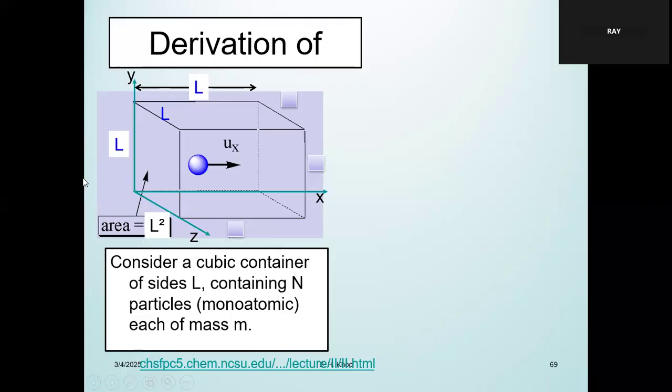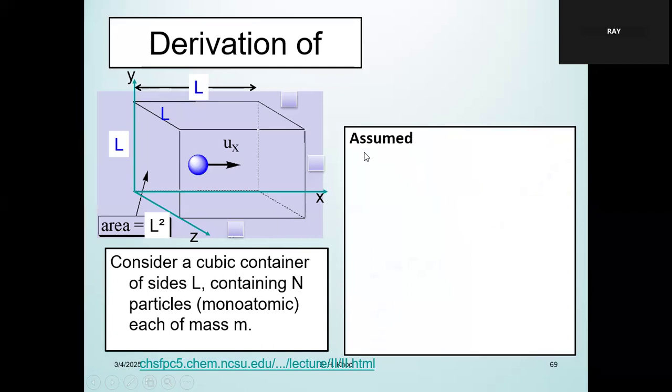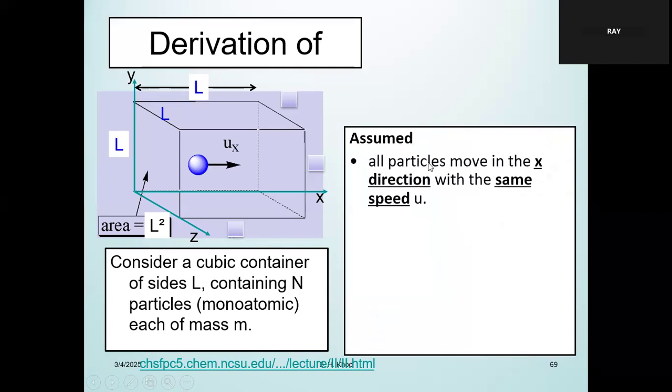Consider a cubic container, a cube, containing N particles, monoatomic, of mass m. Assume all the particles move in the x direction with the same speed. All the particles move in the same direction with the same speed.